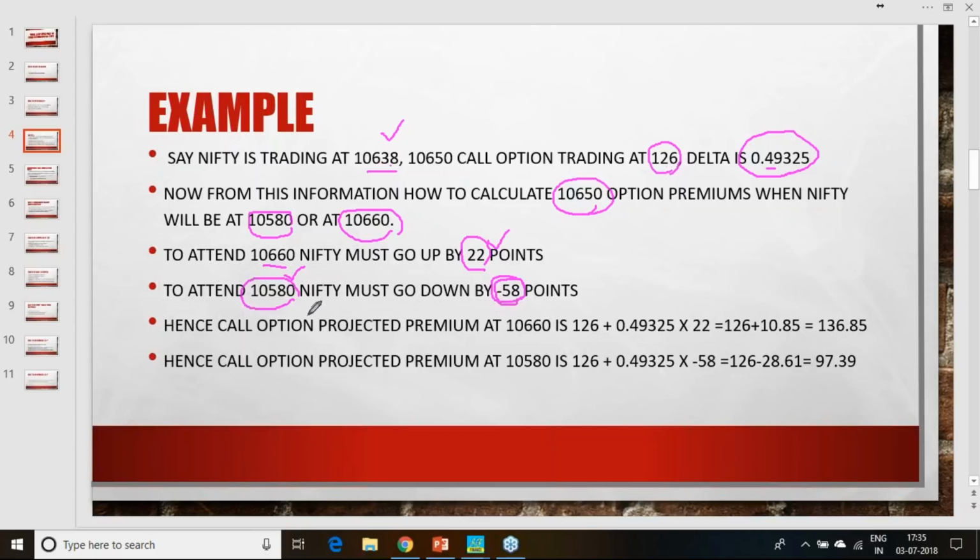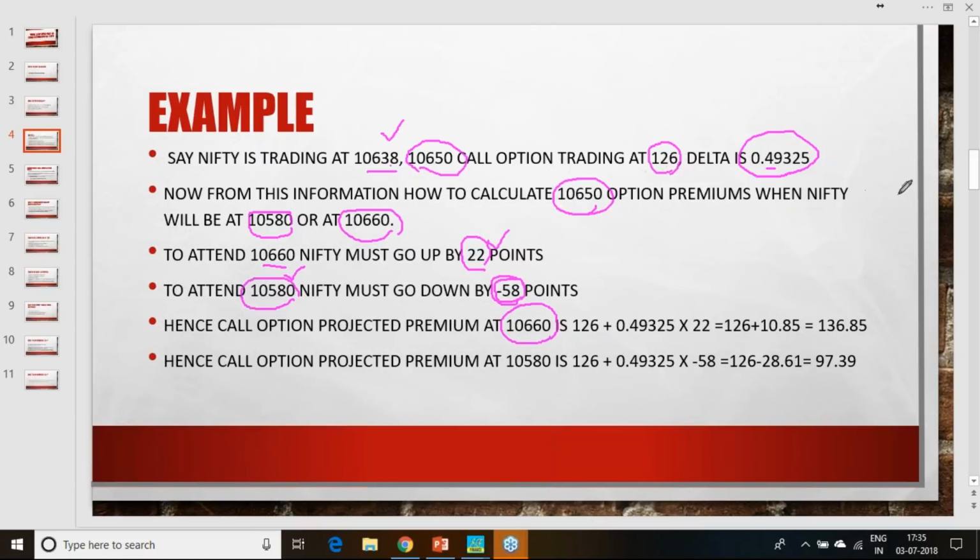So at these points, what will be the premium of my call option? The call option is currently at 126, and it has a delta of 0.49. To use the delta, if it goes to 10,660, then the call option has to go up by 10 rupees 85 paisa.